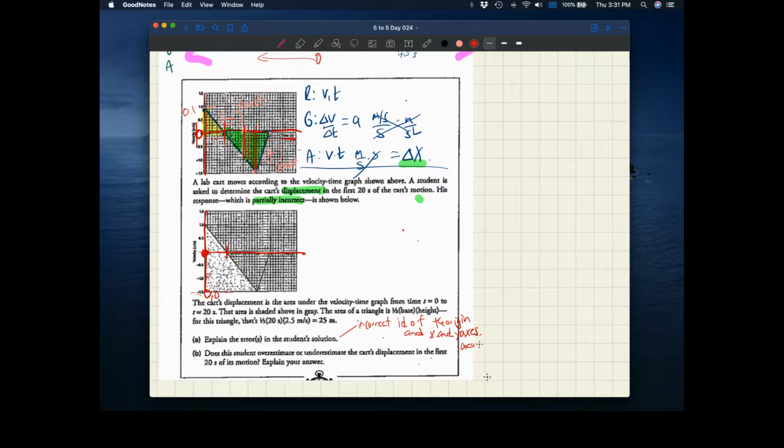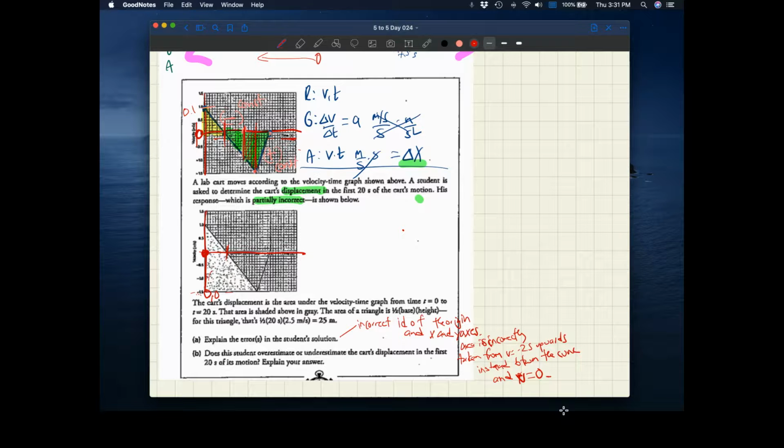The area is incorrectly taken from v equals minus 2.5 upwards, instead of between the curve and v equals 0.